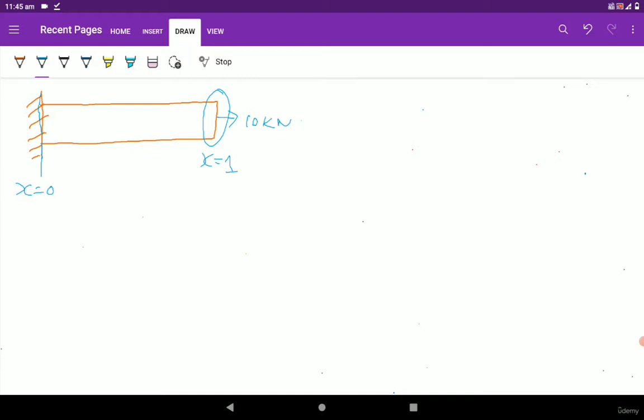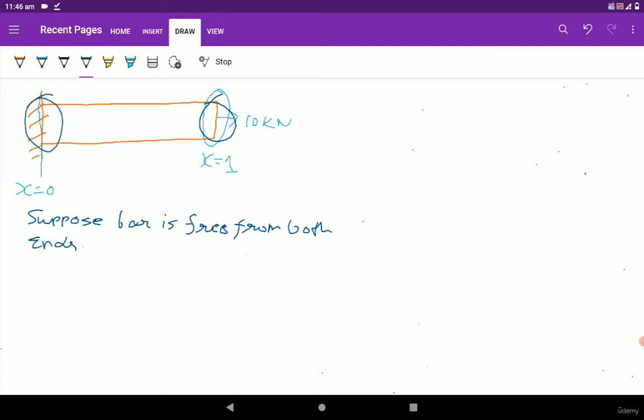So firstly, now suppose the bar is free from both ends, this end and this end. There are no restrictions to the bar, and then load is applied.